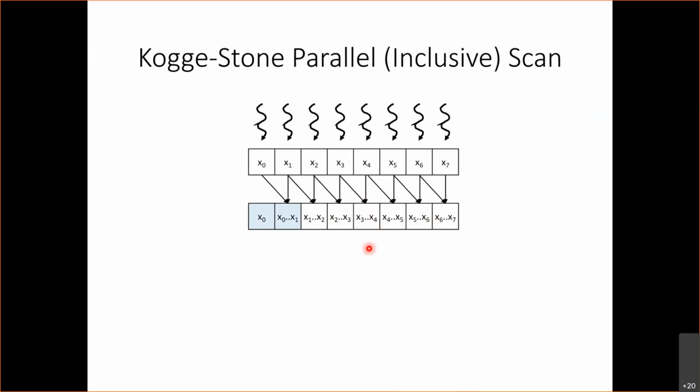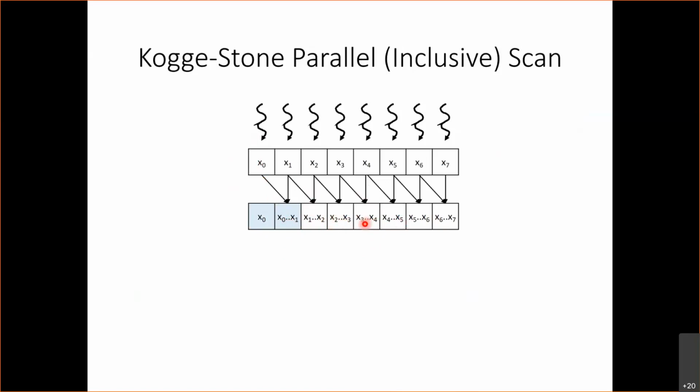Now what we observe is that here x1 to x2, I need to have x0 to x2, so I'm still missing x0. Over here, x2 to x3, I still need x0 and x1, so I'm still missing x0 and x1, right? And here x3 to x4 needs more than just 2 elements.